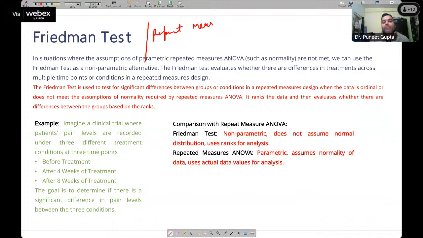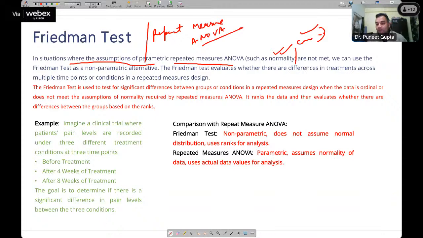So if in repeated measure ANOVA your assumption of normality is not satisfied, I have even written it like this: in a situation where the assumptions of parametric repeated measure ANOVA, such as normality, are not met. Here continuous data is also an assumption. There are generally 2 assumptions in parametric tests. One is the data should be normal, and the other is that it should be metric data. That means interval or ratio scale. So if they are not met, we can use the Friedman test as a non-parametric alternative, right?